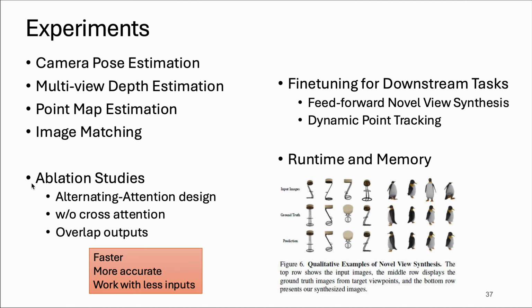Also a lot of ablation studies were performed to validate the network design, like how useful the alternating attention is, with or without cross attention, and overlapping output, like why the author chose these 4 sets of output.